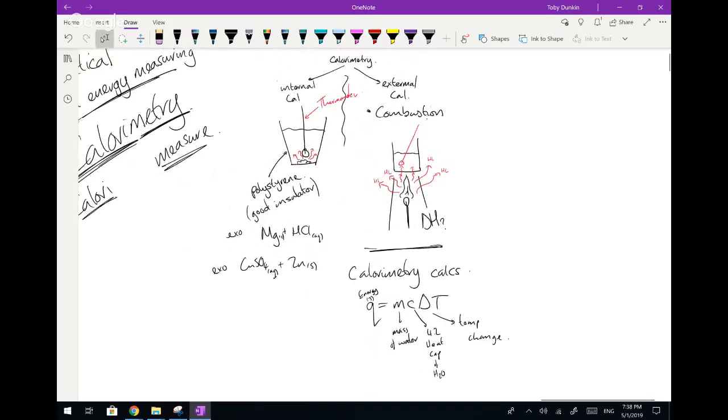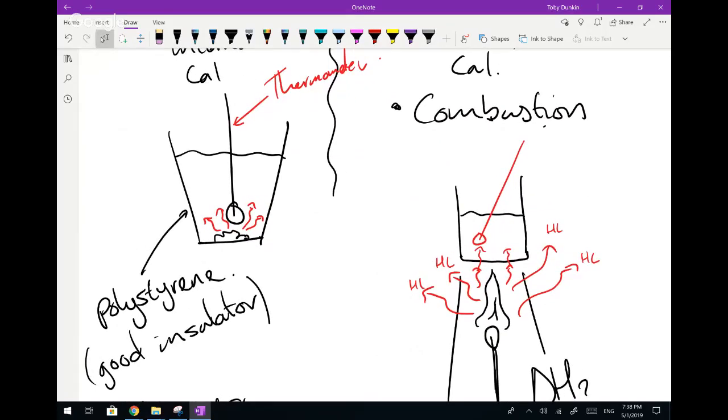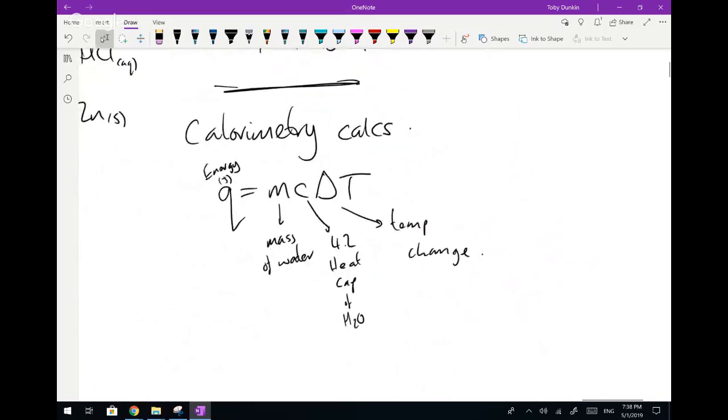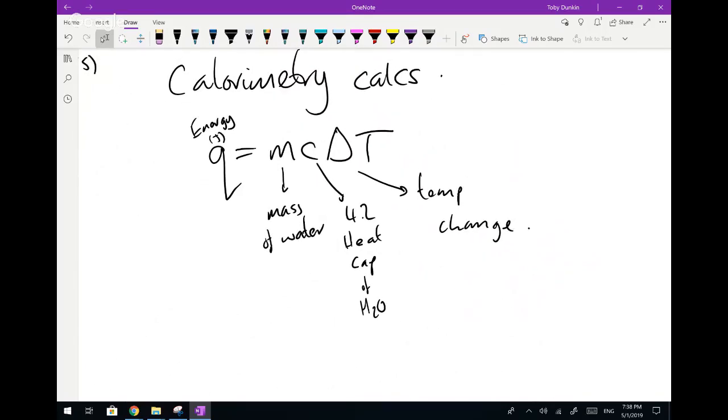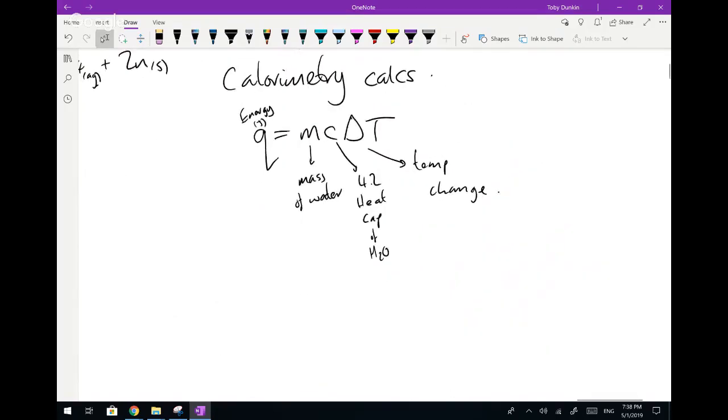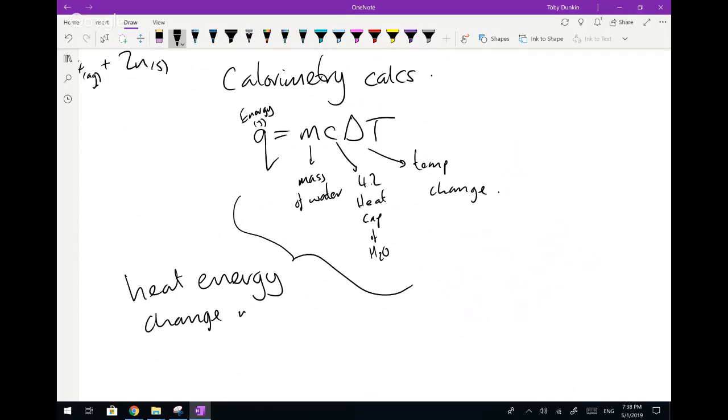Students often don't realize this, but all of those red arrows, all of the heat being released or absorbed, is either going into or being taken from the water. So we needed an equation that will calculate the energy change the water is going through. This equation gives us the heat energy change in the water. Notice my capitalization, in the water.